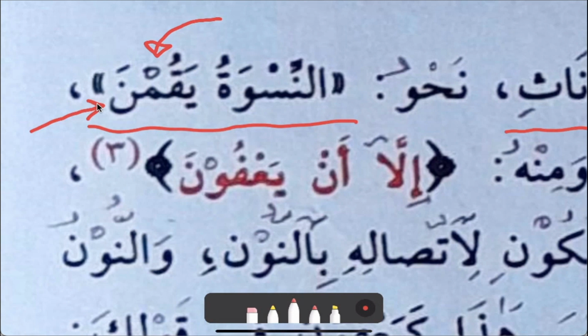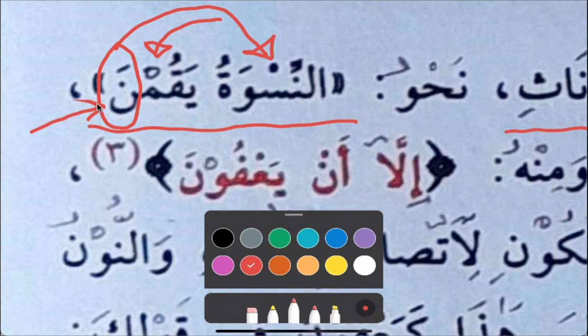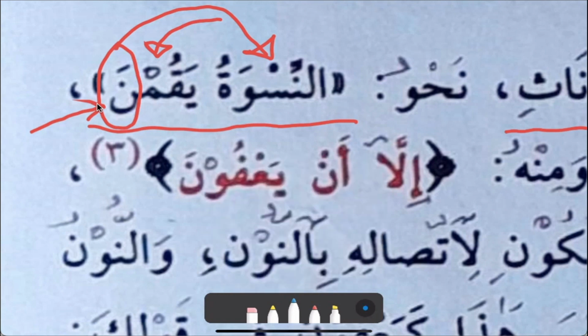So then this pronoun, this noon, damir, goes back to the women, niswa. And this yaqumna, that's a complete sentence in itself.